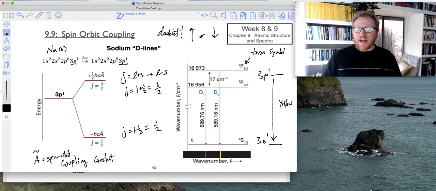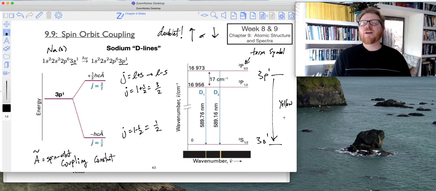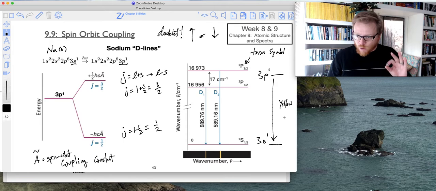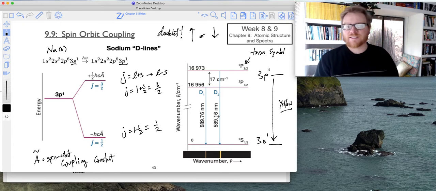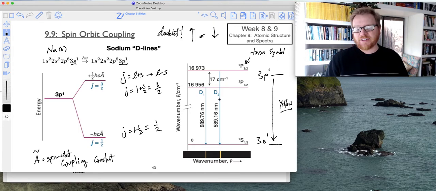And so what you would actually observe in that sodium yellow line, if you had a very fine monochromometer or a very highly resolved detector, is that you would see that line as a doublet. There are actually two of those yellow lines, occurring at 589.76 in the case of the low J state going back down to the ground state, and 589.16 in the case of the high J state going back down.